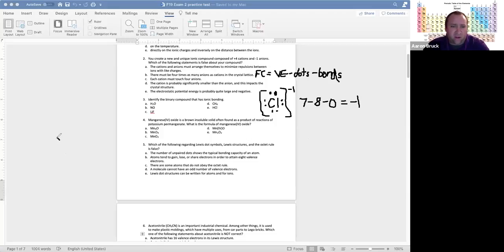If I have chlorine bonded to a bunch of oxygens in a chlorate ion, I should have 7 for the chlorine, 6 for each of the oxygens, and an extra 1 for the charge. That's 26 electrons.